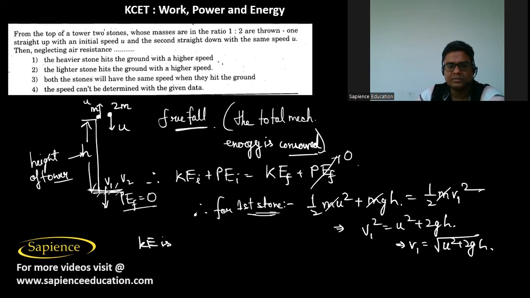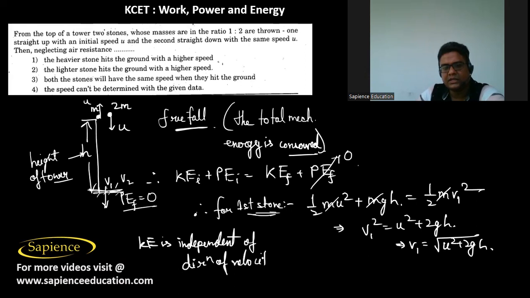Kinetic energy is independent of the direction of the velocity. Since it is a scalar quantity, it will depend only on the magnitude of velocity, or only on the speed.